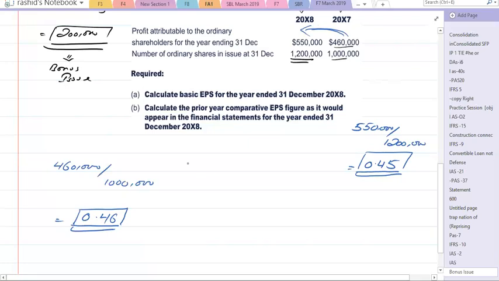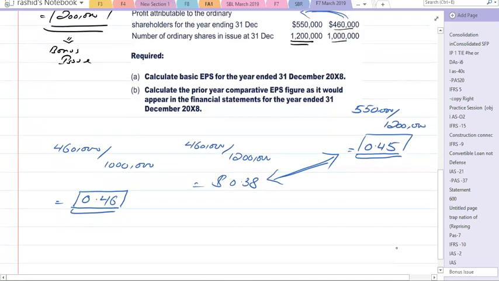So now what we're going to do: the previous year profit was 4,60,000, and we're going to restate it by dividing it by 12 lakh. We deem that if last year there were the same shares, that means 12 lakh, the EPS would be 0.38. Now if you compare these two figures, the shareholders can easily understand that there is an increase in the EPS.